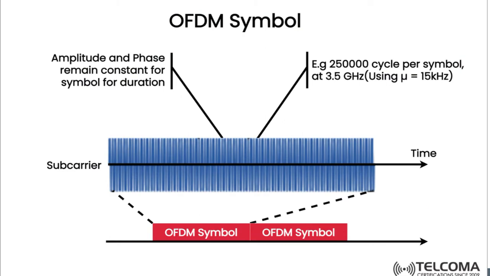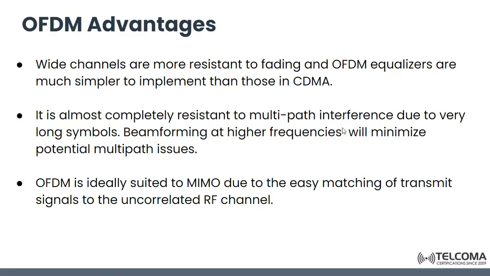Here we can see the OFDM symbol. These are the subcarriers, and amplitude and phase remain constant. So what are its advantages? Its advantages include that wide channels are more resistant to fading, and equalizers are much simpler to implement.